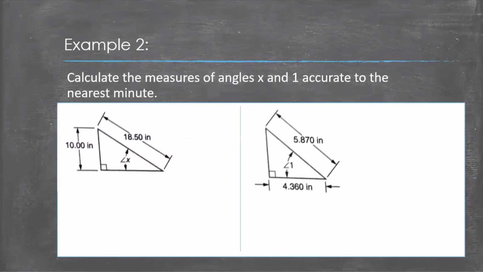For the next one, we're going to do the same kind of question. We want to find out what's angle X, and then the second one, what's angle Y. So labeling it, I have opposite and we have hypotenuse, compared to angle X. So if we look at SOH, CAH, TOA, opposite and hypotenuse, got to be sine.